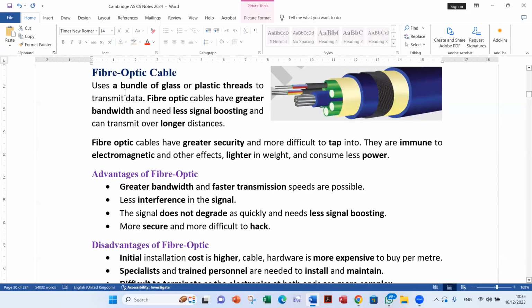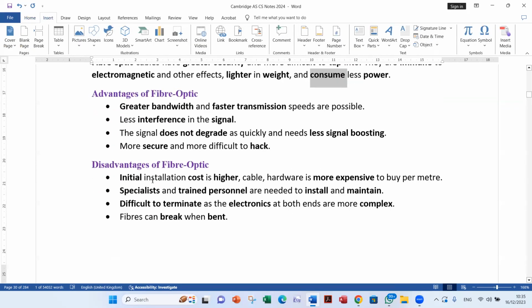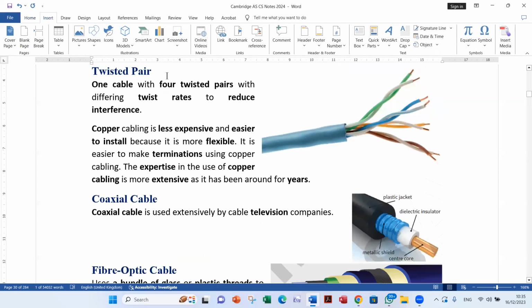Okay? They are immune to electromagnets and other effects. They are lighter in weight and consume less power. They take less power. Okay? Because the data is sent in the form of light signal. Okay, advantage of using fiber optic, disadvantage of using fiber optic, definitely compared to twisted pair.